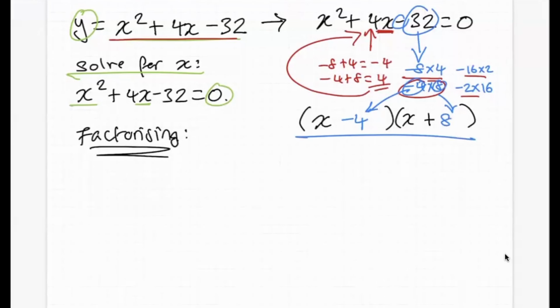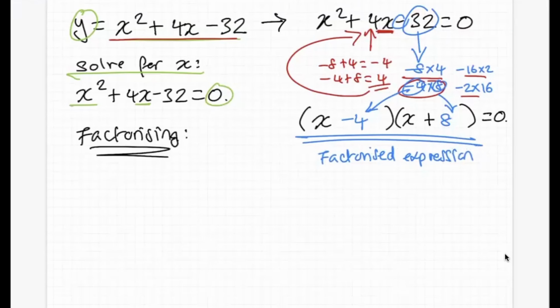So this is our factorized expression. So when we factorize our equation above, this is actually what we're going to get. And this is, of course, going to be equal to 0.